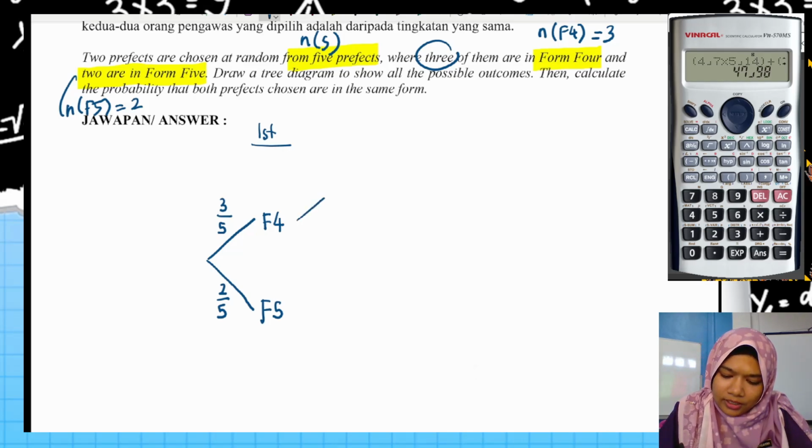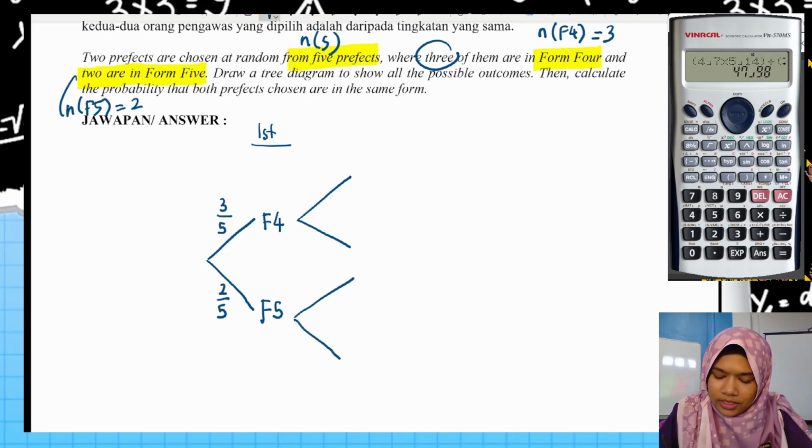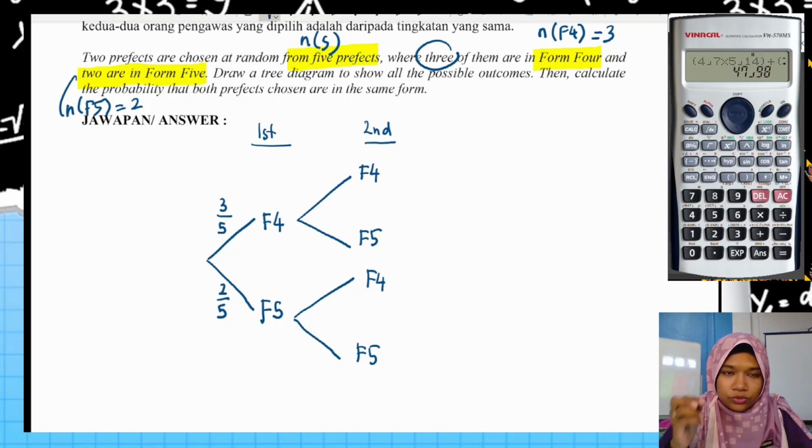And then buat dia punya branch dia tu. Untuk the second one, either get Form 4 or Form 5. So this one the tree diagram. Then you write the probability for the second time you want to choose the students.